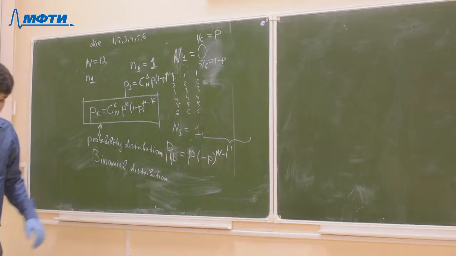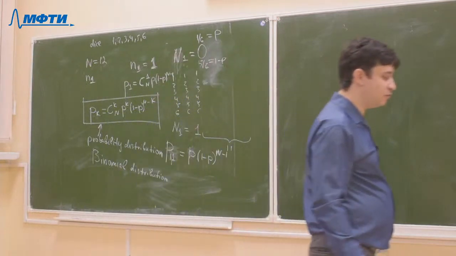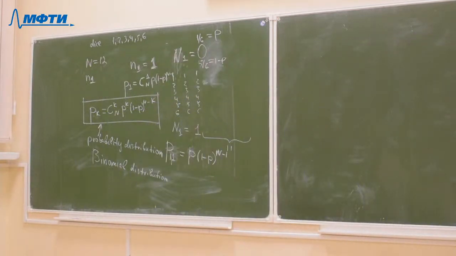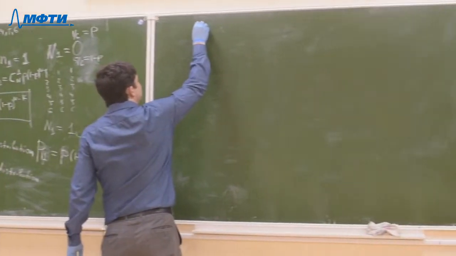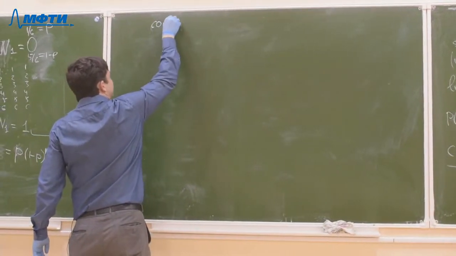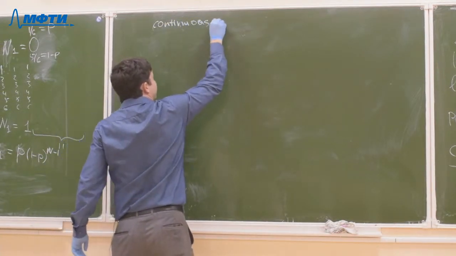And of course, if you deal with real-world situations, you will also have random variables which don't have a discrete set of values. I can call these continuous variables.